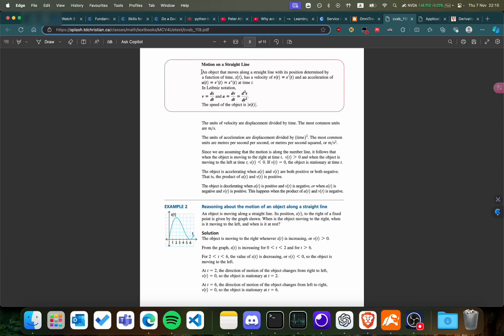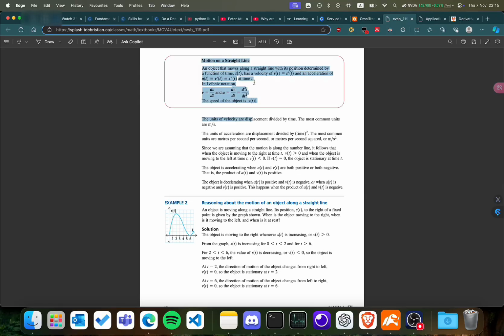v(t) equals s prime(t), and the acceleration a, which is the abbreviation for acceleration, a(t) equals v prime(t). In Leibniz notation, v equals ds divided by dt, which is basically the same as s prime. Moving on a straight line is actually not necessary, because in math you can have vector notation.